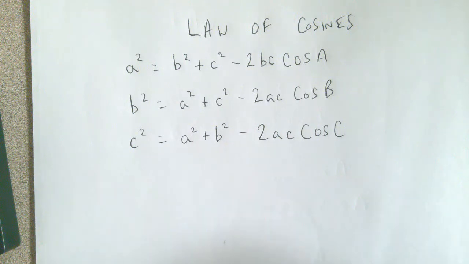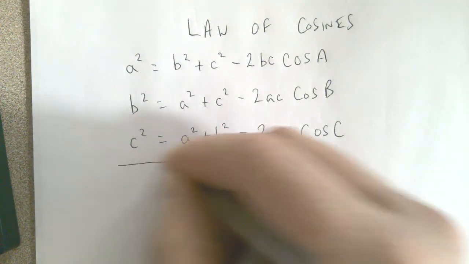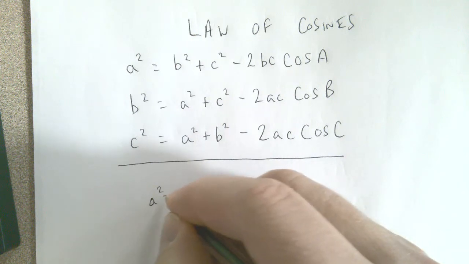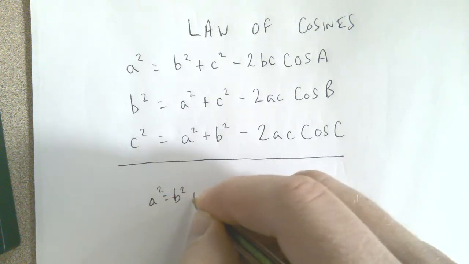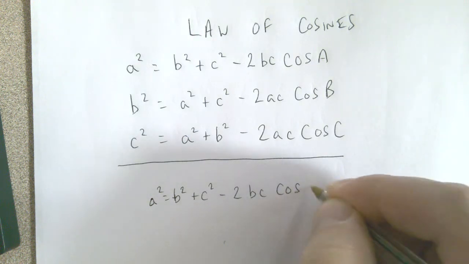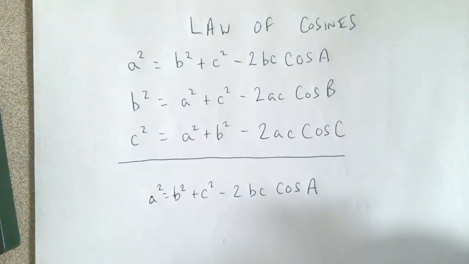Now, these formulas can be manipulated to find the angle. For example, if I wanted to find angle A, I could take that initial formula, A squared equals B squared plus C squared minus 2BC cosine of A, and get A by itself.